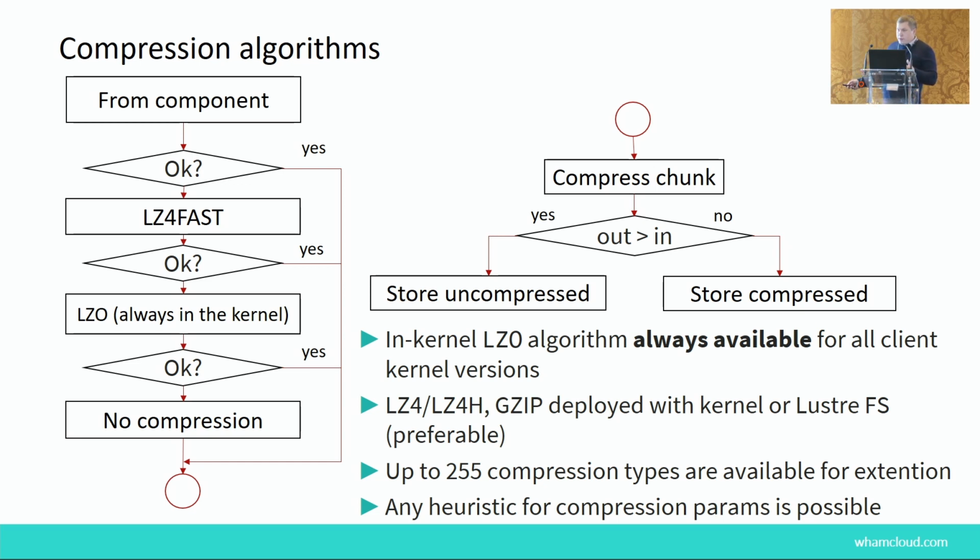So we try to apply the algorithm from the component. If it's not possible, we try to use the best and fastest one, LZ4. If it's not possible, we try to apply LZO, which should always be there, but in case it isn't, we will just write plain data. Also, in some cases, compressed data arrives, so it's already compressed.